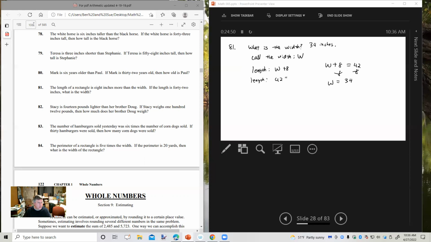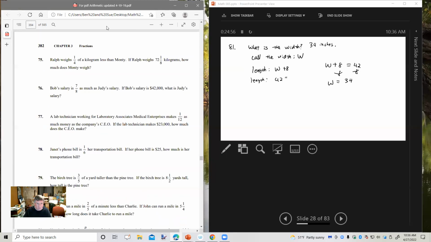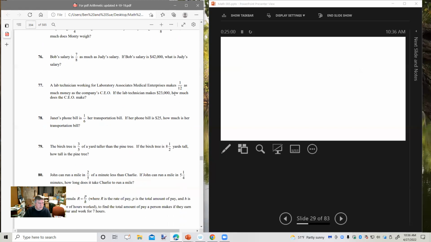Okay, now we're going to go to page 34. And now let's take a look at problem number 76. Bob's salary is 7/8 as much as Judy's salary. If Bob's salary is $42,000, what is Judy's salary?